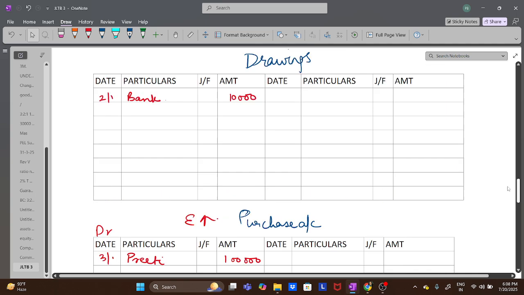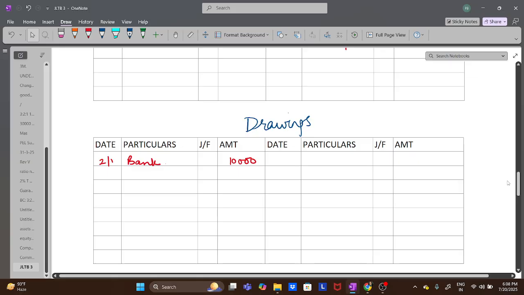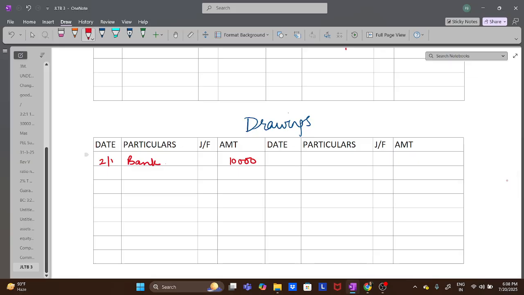Next ledger is drawings. Drawings is nothing but the opposite of capital. So here on 31st we have the debit side more than the credit side, opposite of capital, so increase here, decrease here by default. Bank 10,000, 31st, same becomes your balance carried down.